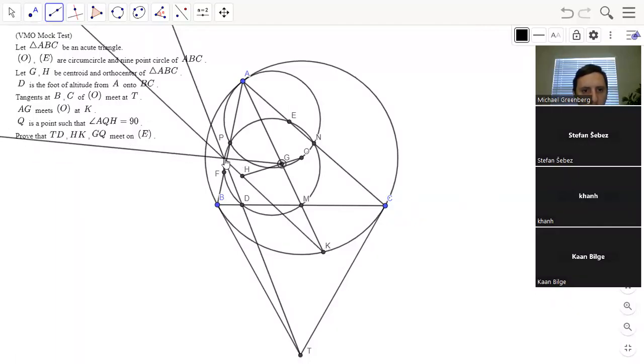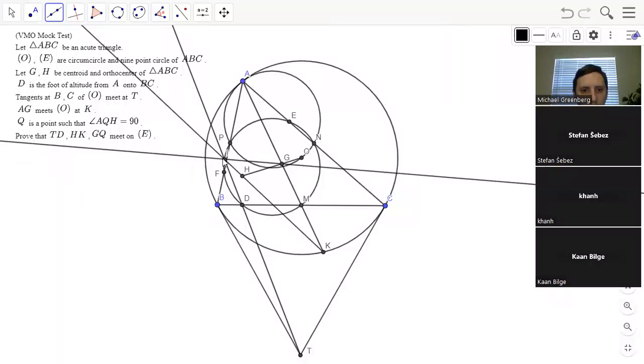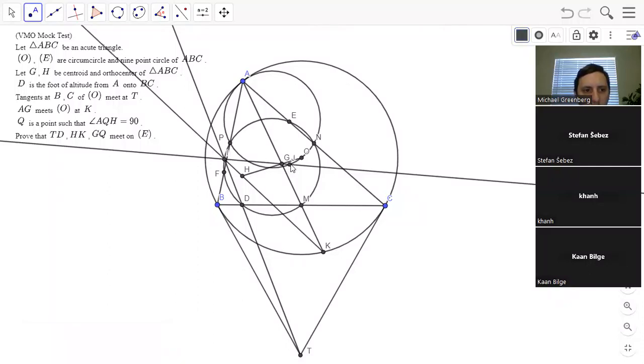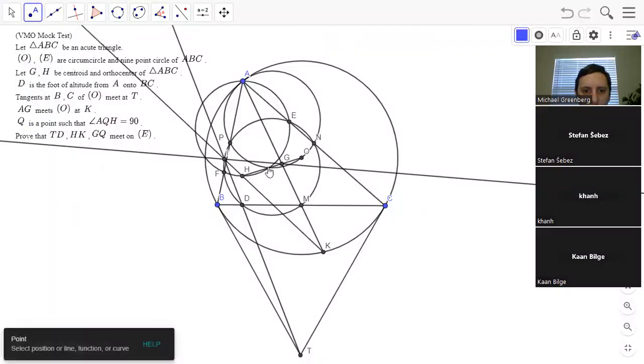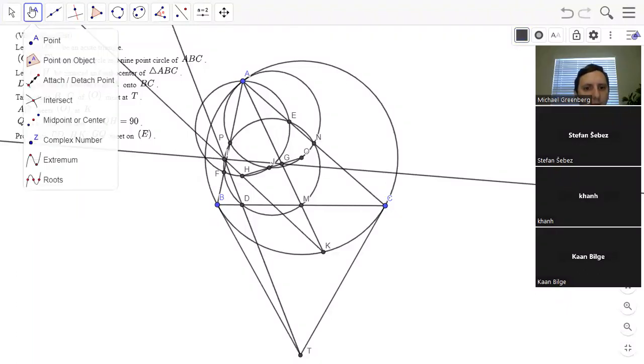So let's see. So Q. AQH. So this would be Q. So maybe Q is where, let's see, QH. Well, okay. Basically, we want to see where that meets this circle, AFHE. Oh, so it looks like this point. Is that the 9-point center? Let's see.